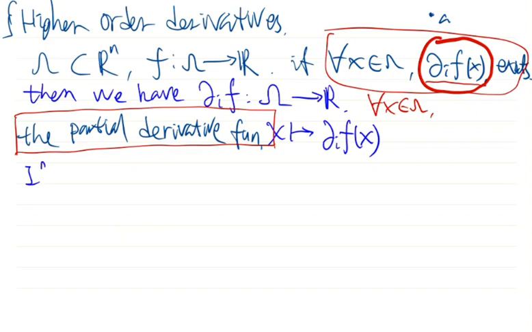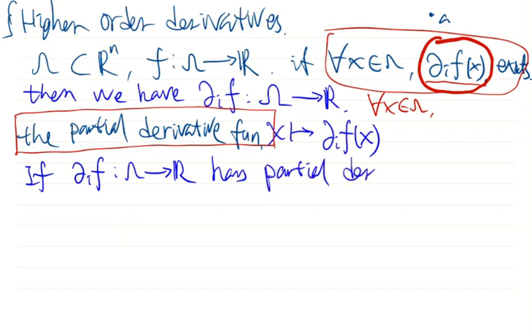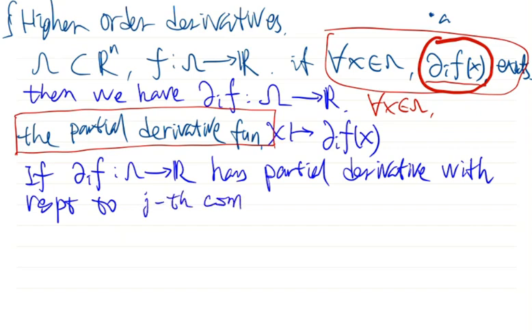If this function defined in omega has a partial derivative with respect to the jth component at the point A, for some A in omega, what does this mean?